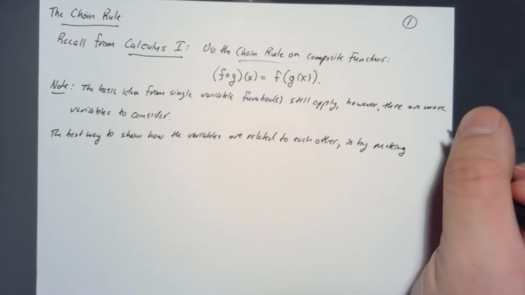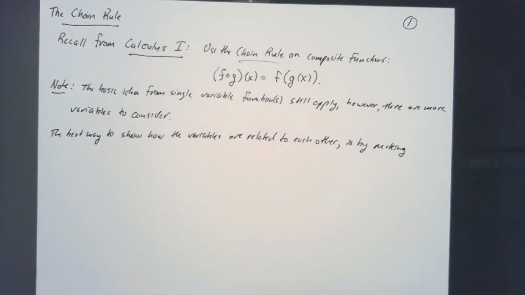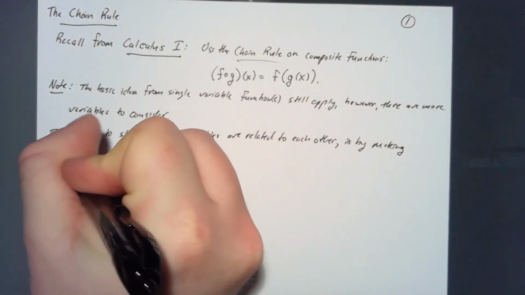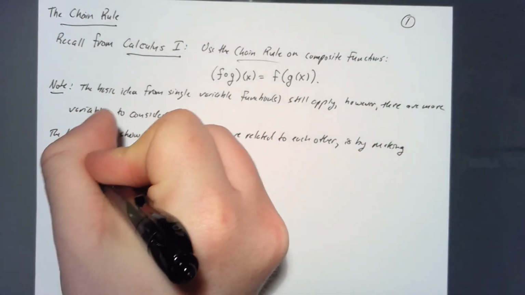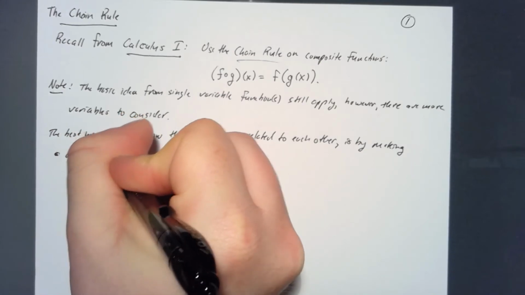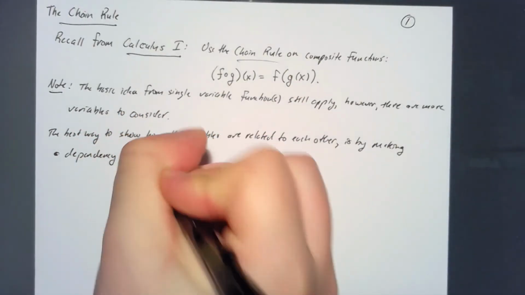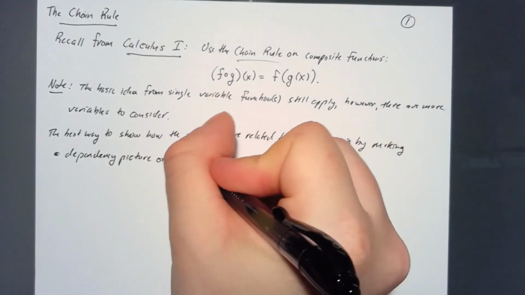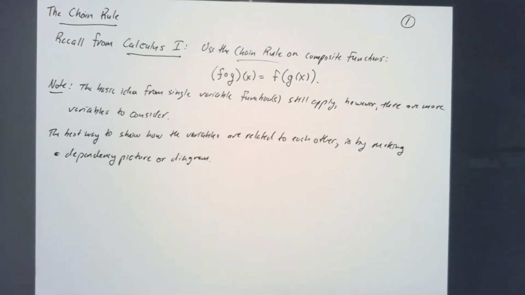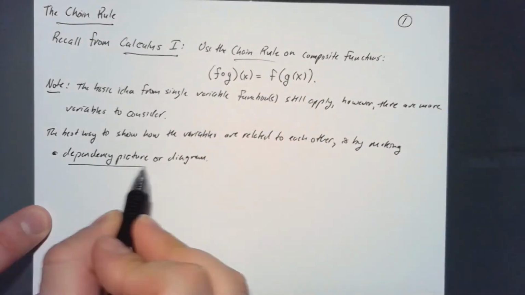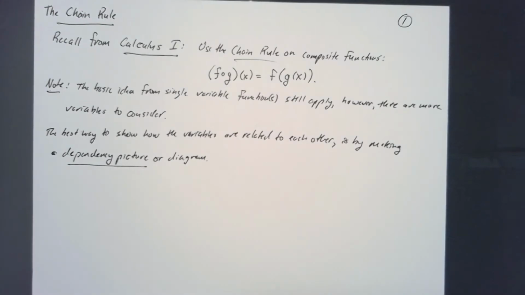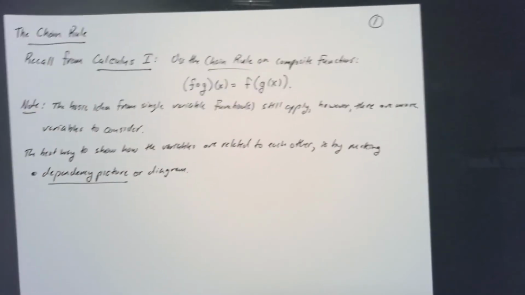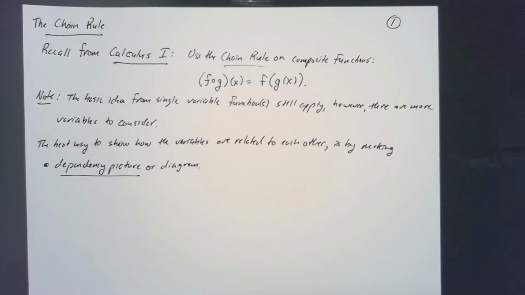It's also called a dependency picture. As you'll see, it's really not too complicated to understand, but you'll see what I mean from the various examples that we look at.